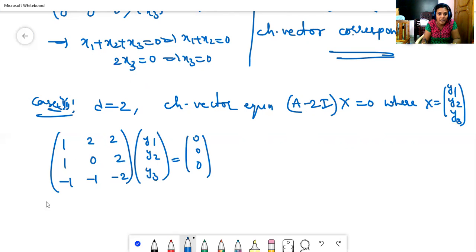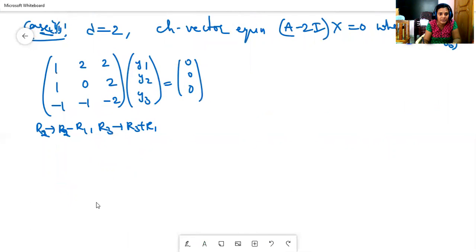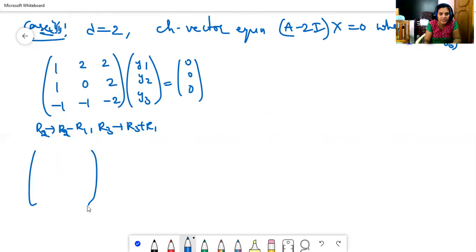Here, R1 into R1 minus R1 only, R2 into R2 minus R1, R3 into R3 plus R1. From this, after the simplification, first row is as it is. 1 minus 1 is 0, 0 minus 2, 2 minus 2 is 0.